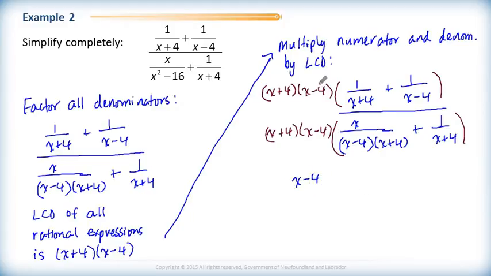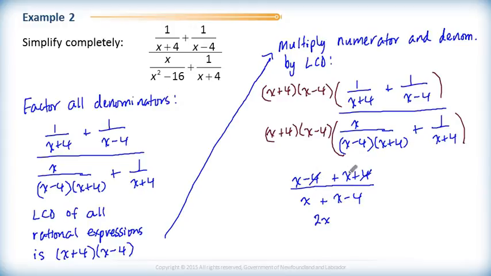Likewise, when I distribute to this term, the x minus 4s would be gone, and I'd be left with x plus 4. All over, distribute the LCD to this term, x minus 4 and x plus 4 are both gone, I'm just left with x. And distribute to this final term here, the x plus 4s would divide, and I'd be left with just x minus 4.